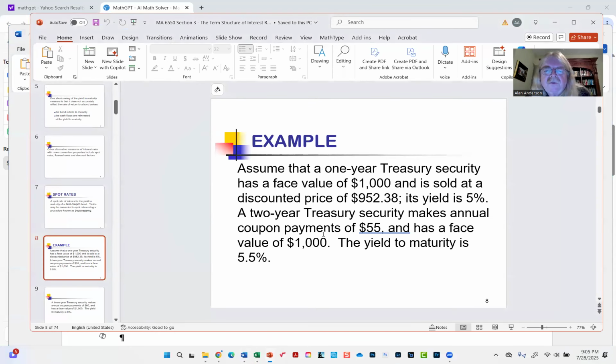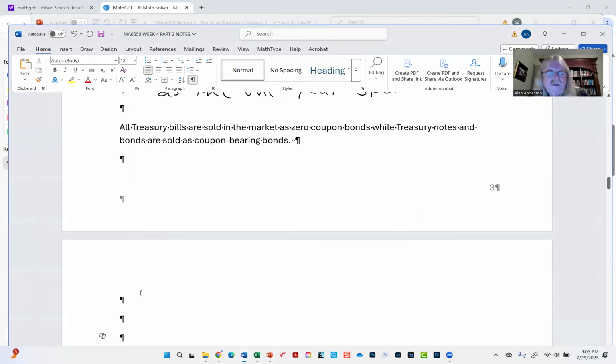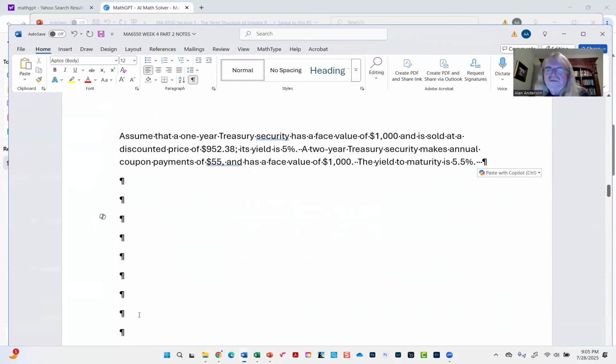Now, here's the data. When your treasury face value, let me just copy this. So I'm going to make a list here.